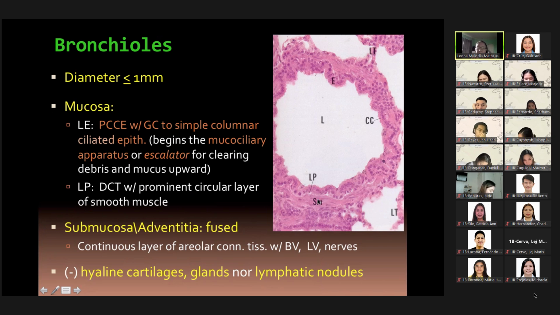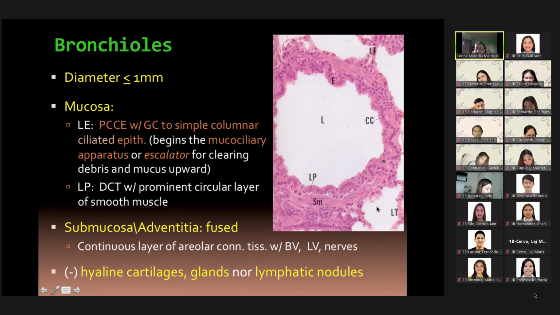because after the mucosa, you have the submucosa fusing with the adventitia. Remember that in the submucosa, what we have is the glands and the cartilage. But since this is already the bronchiole, you no longer find the cartilage nor the glands. So we only have here the submucosa fusing already with your adventitia.